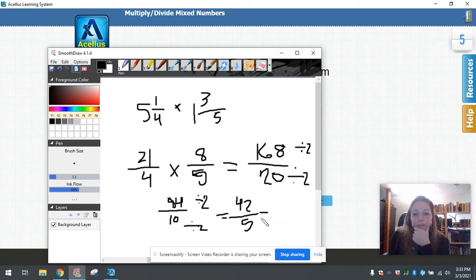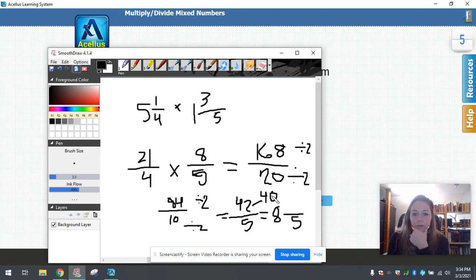I can put 42 divided by 5 into my calculator. What I'll get is 8 point something, something, something. What I am doing here is taking 8 5s away from that 42. So if I take 8 5s away, 8 5s would be 40 if I had 8 groups of 5.